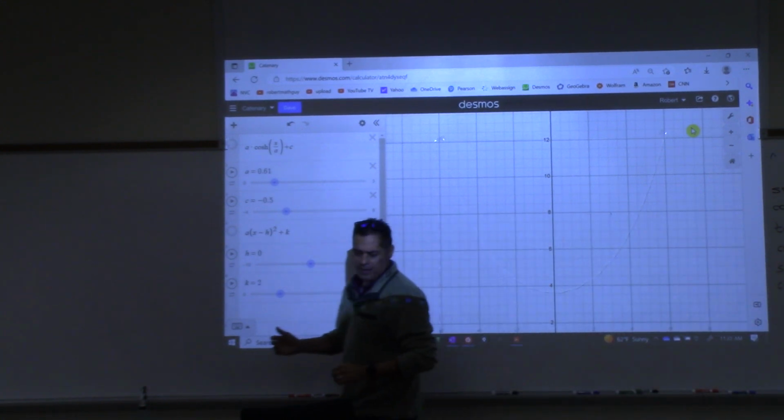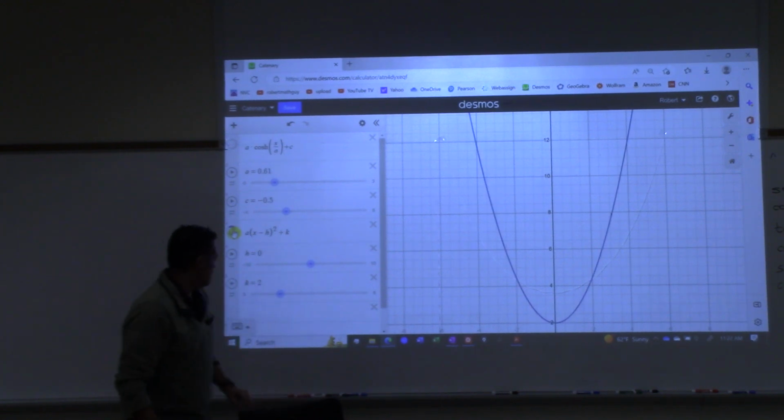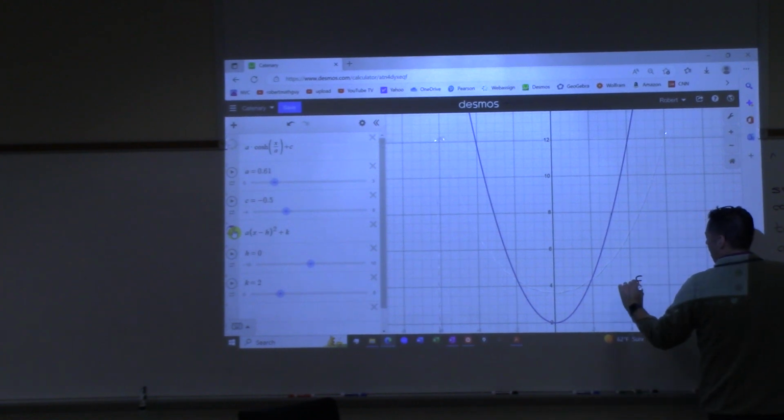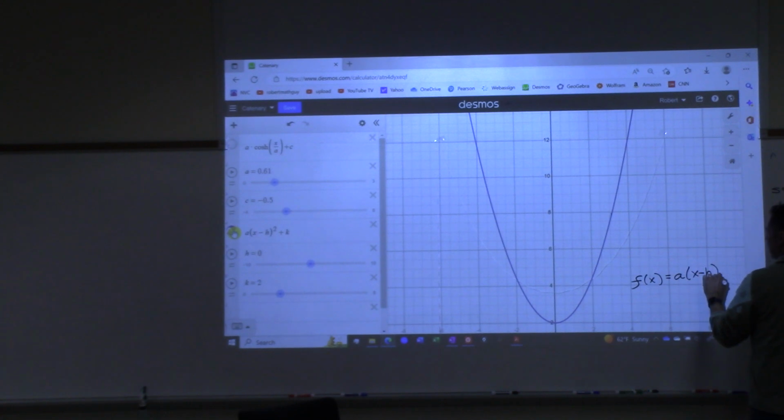So what I've done here is in Desmos, I've created an interactive parabola where I can adjust the conditions. This is the function I have Desmos graphing: f of x equals a times (x minus h) squared plus k, which is the vertex form of a parabola.